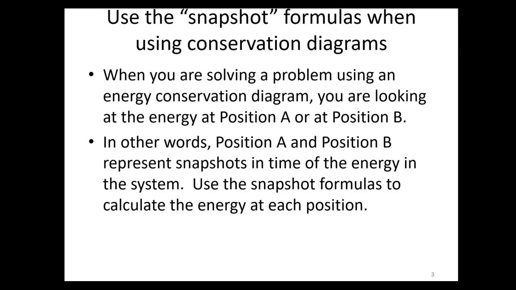But every time we want to calculate the values of these energies, we use these snapshot formulas, because we are finding the amount of kinetic energy at position A or the amount of elastic potential energy at position B. We are looking at specific instances in time, and we want to find the energy that it had at that moment. And so always use these snapshot formulas.